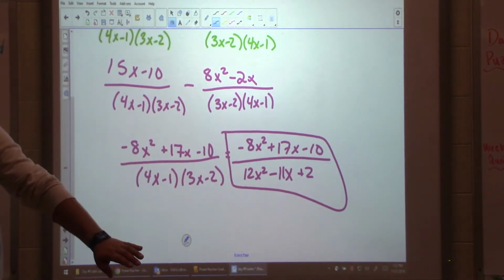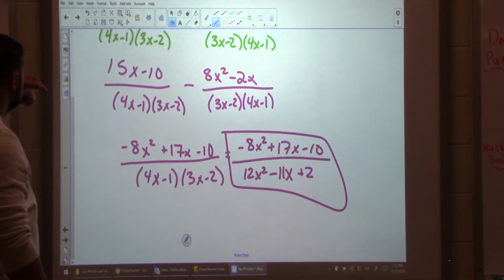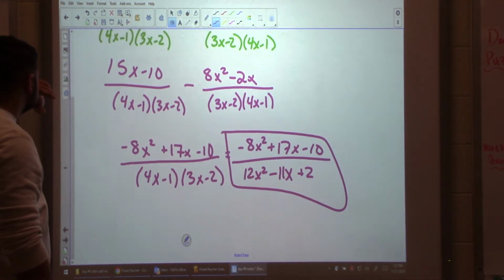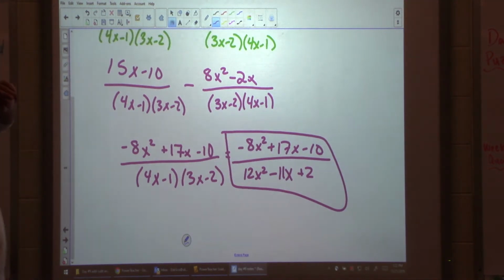Anne, do you have a question? Do you have to subtract first, or can you just take 5 out of 15x minus 10, take 2x out of the 8x squared, and then you could do that, but that's not really going to help us, because then when we need to subtract, it's going to be a big mess. But I got it simplified to 5 minus 2x over the 12x squared over 4x.